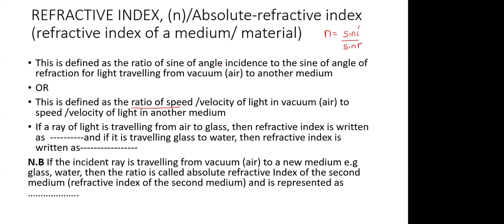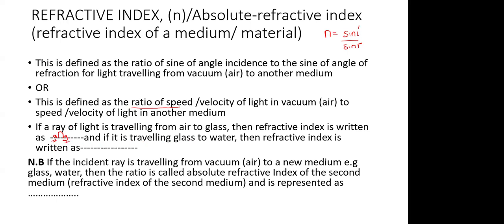Okay, now, when a ray of light is traveling from air to glass, the refractive index is written with N, and I will say air to glass. When you find such, it means light is moving from air to glass. If it is traveling from glass to water, the first letter represents the medium where light is coming from.